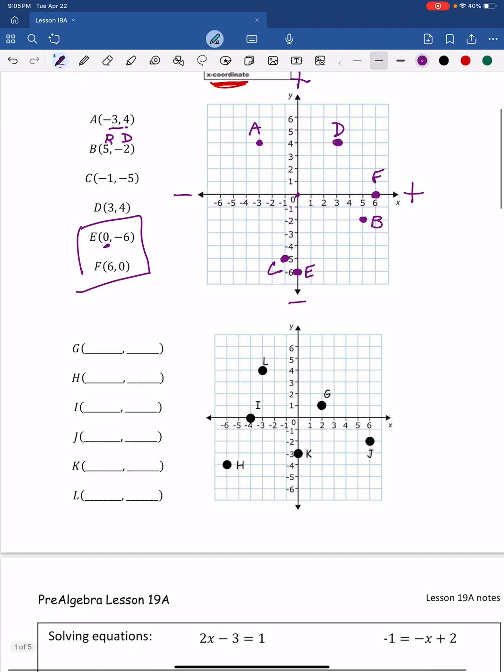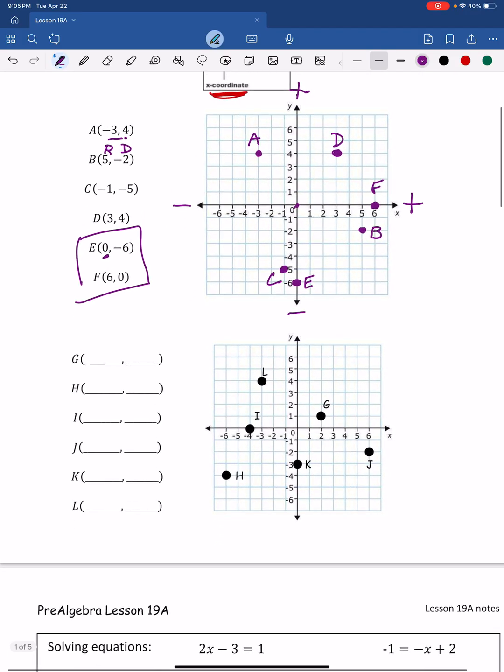On the second part, it's just the reverse of that. So if I'm given a point, can I write the ordered pair? Ordered pair goes right here. Sometimes they will call it the coordinates. So G, which is right here.